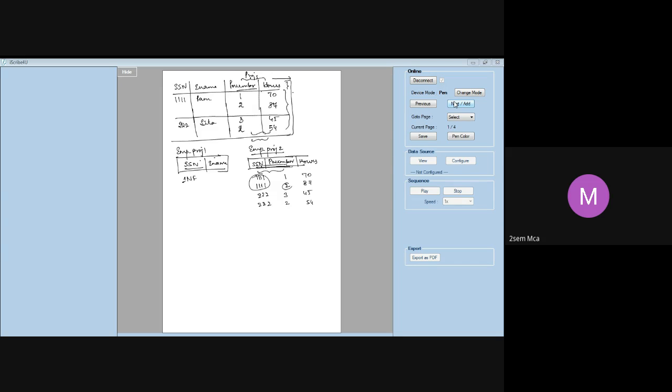This number also can get repeated, but the combination of 1111 and 1 can appear only once because it is a combination. This table is very much in 1NF because every attribute is taking atomic values. Here also, this is in 1NF because you have 1111 Ram, 2222 Sita. This is also in 1NF. Right? So what does this say?